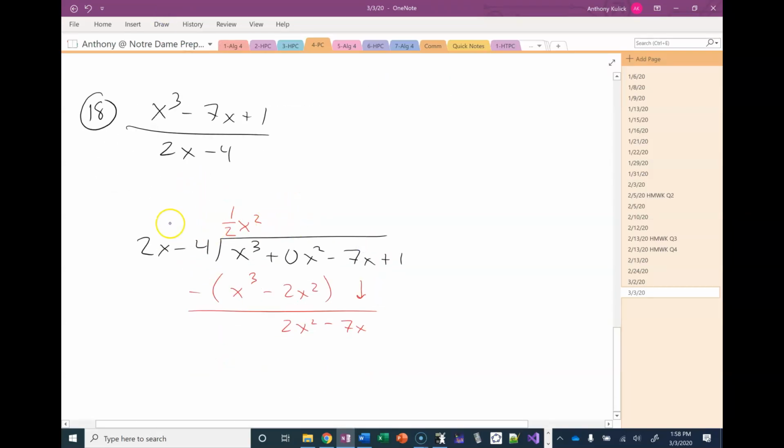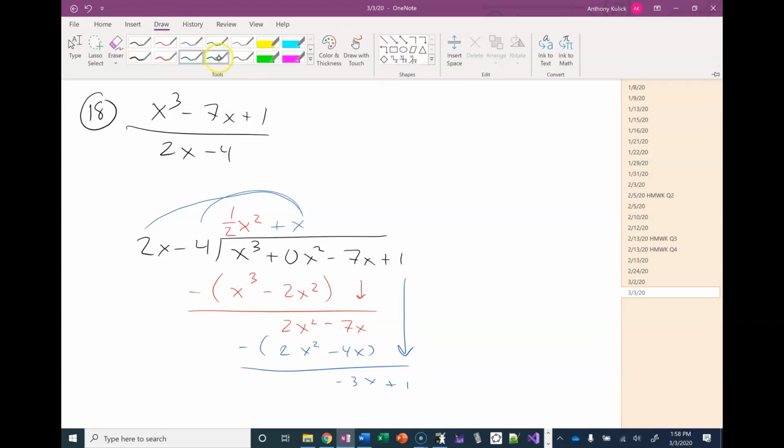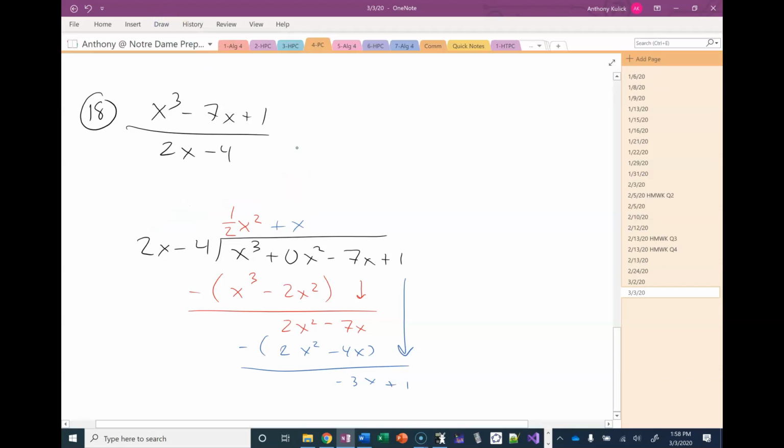And we'll ask ourselves, what times 2x gives me 2x squared? That's just x. So that's going to give me negative 3x. And then I'll bring down that last little part. And then, again, I'm stuck with kind of a crummy fraction to deal with, right? So what times 2x gives me negative 3x?